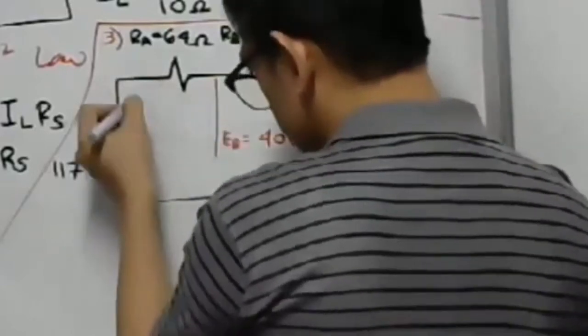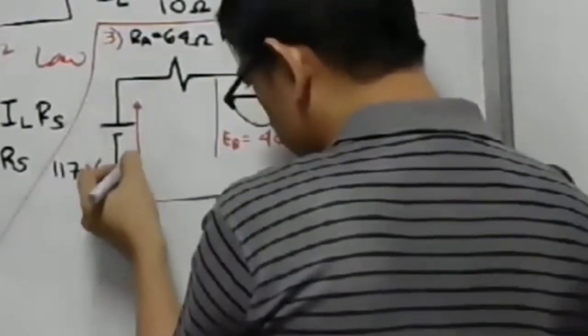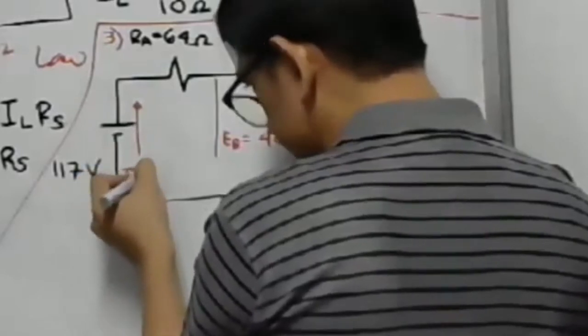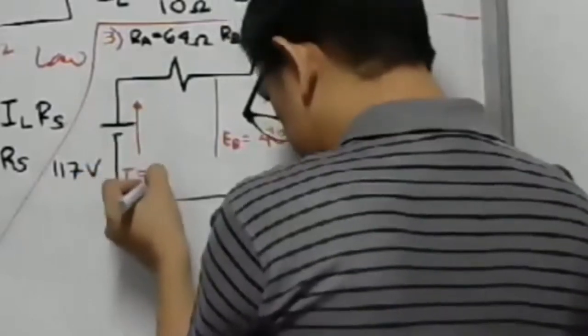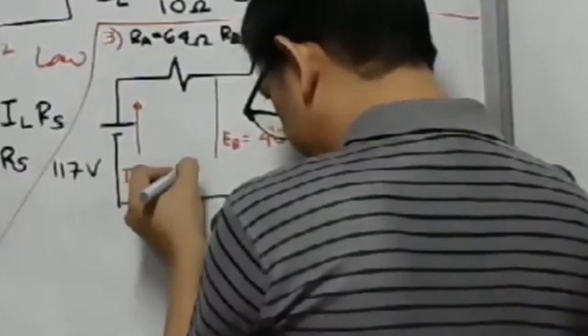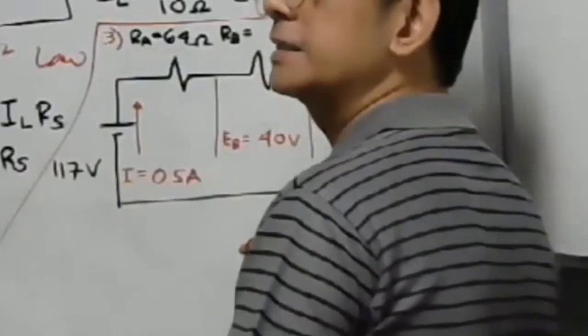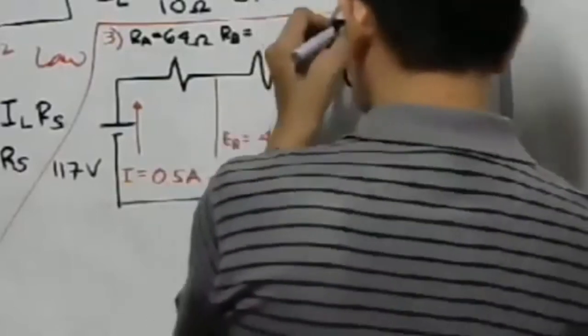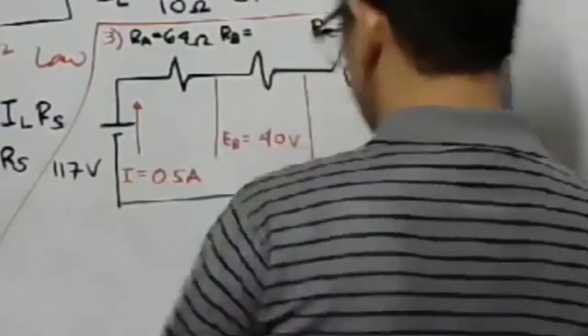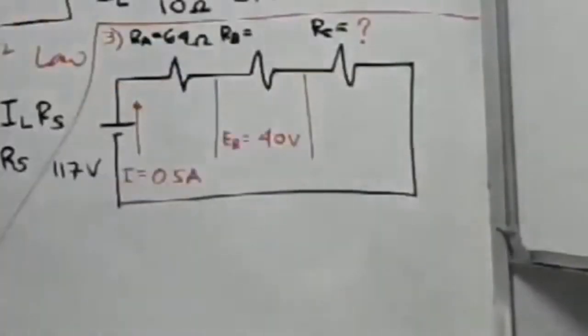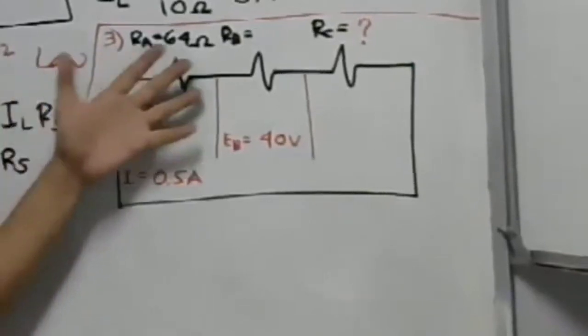So take note, we have a current flowing, 0.5 ampere. Calculate the resistance RC. So this is the question, our resistance RC. Okay, so take a look here.